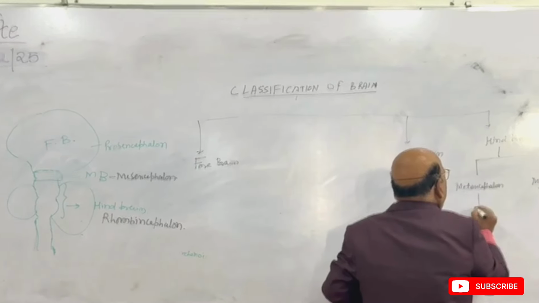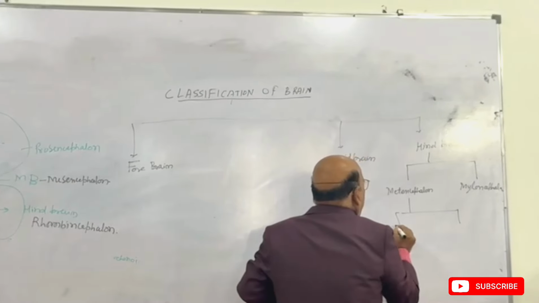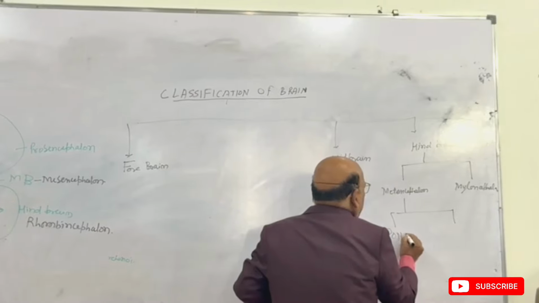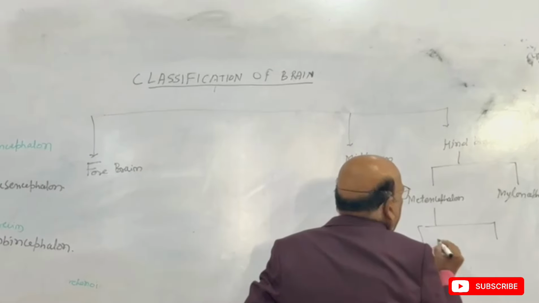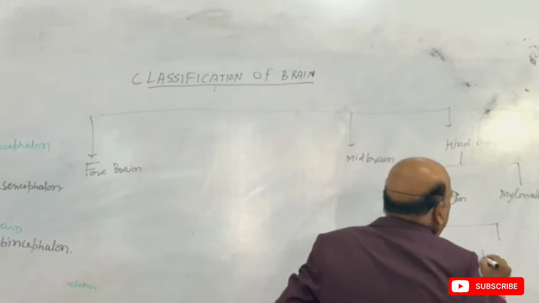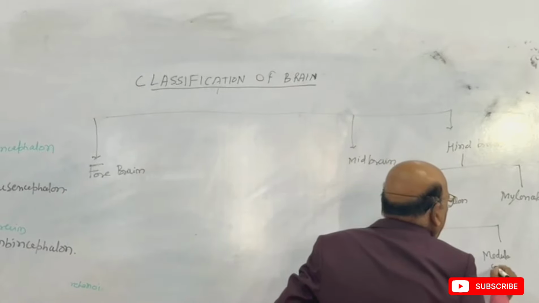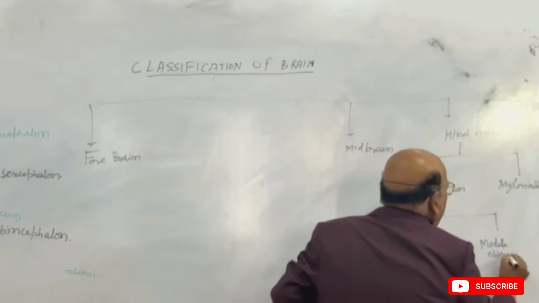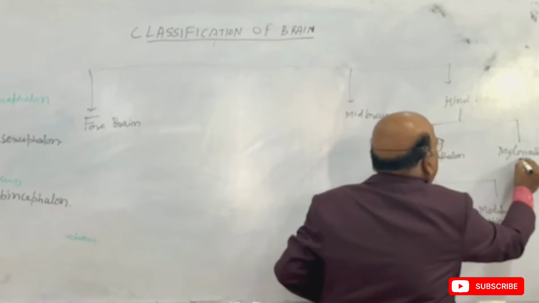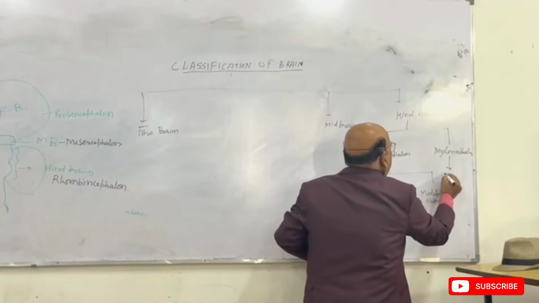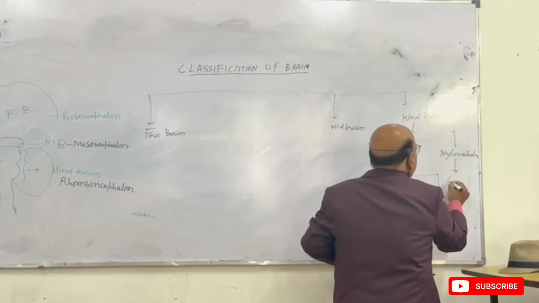Metencephalon is concerned with the pons and medulla oblongata, and myelencephalon is concerned with the cerebellum.